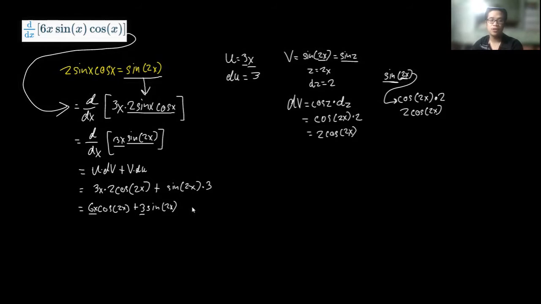So the GCF of this expression is 3, and I can factor out 3. I'll have 3 times 2x times cosine of 2x plus sine of 2x. And that is my final answer.